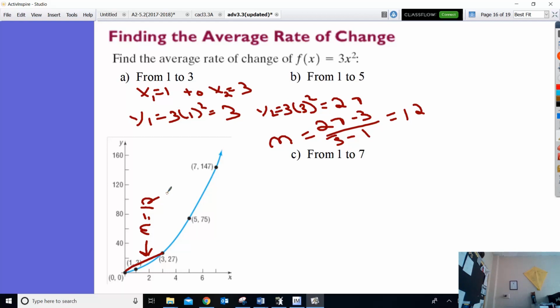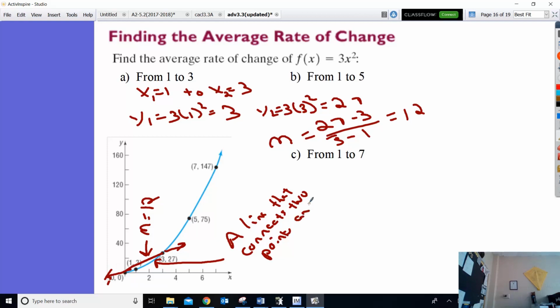Now, that line that connected those 2 points is kind of special. This is a line that connects 2 points. Lines go on forever, right? And passes through the graph.